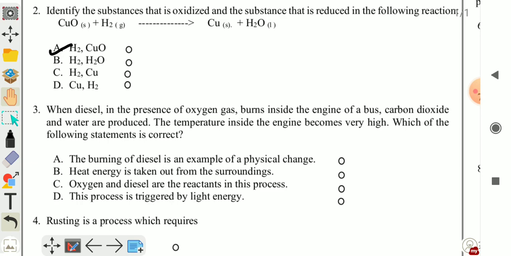No. Heat energy is taken out from the surroundings. No. C, oxygen and diesel are reactants in this process. This is correct. And this process is triggered by light energy. This is wrong. So the correct answer will be C, oxygen and diesel are reactants in this process.